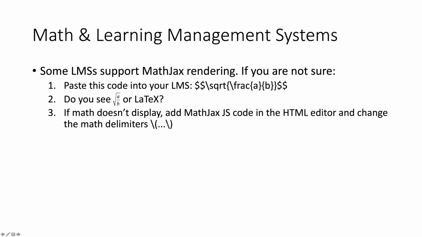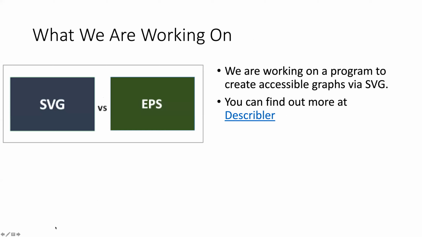If it doesn't display, you may have to use slash parentheses, that code, slash parentheses, or $, parentheses, $, parentheses. But we'll get into all that when we do our webinar, and we're going to walk you through exactly how to do that.